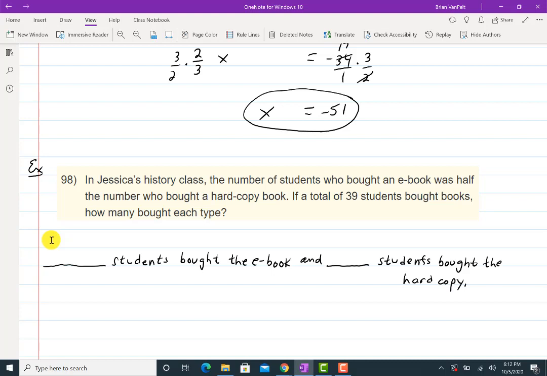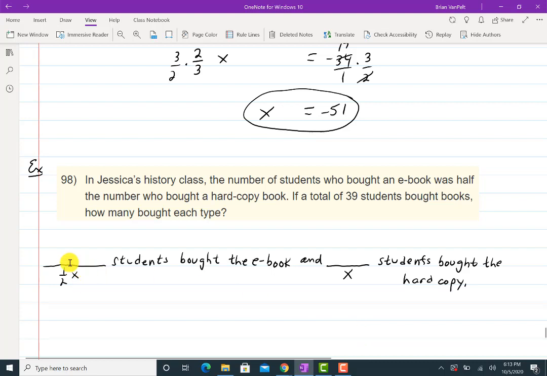Now remember, you want to label these blanks one way. I want to use some sort of an unknown, like a letter x, in one of these blanks and use other information to fill in the other blank. Let's see what can give me clues here. The number of students who bought an e-book was half the number who bought a hard copy book. So if I call this one x, this one is 1/2 x.